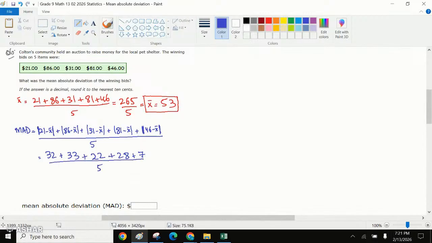Let's add the numbers. 32 plus 33, 22, 28, and 7. It comes out to be 122 divided by 5. When 122 is divided by 5, the answer comes out to be 24.4, which is already one decimal place, right? So we just simply write 24.4 as our final answer.